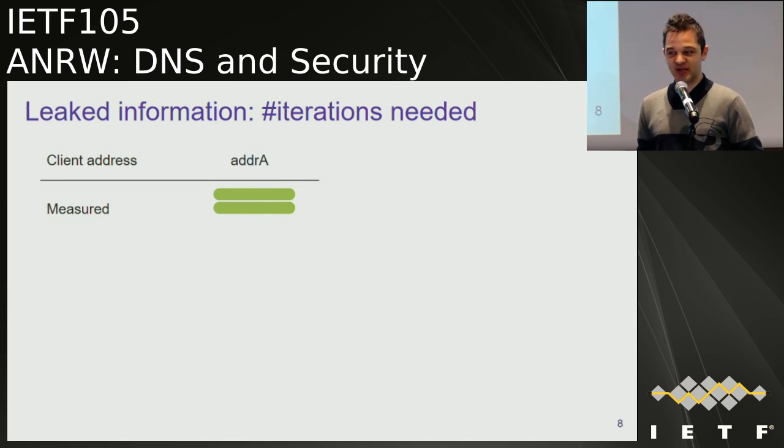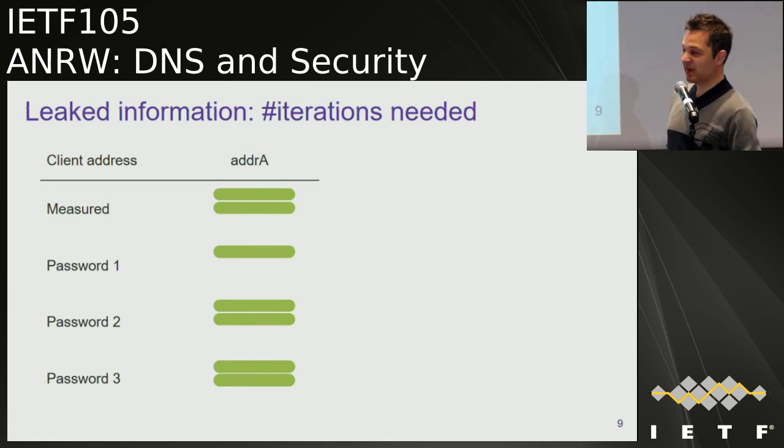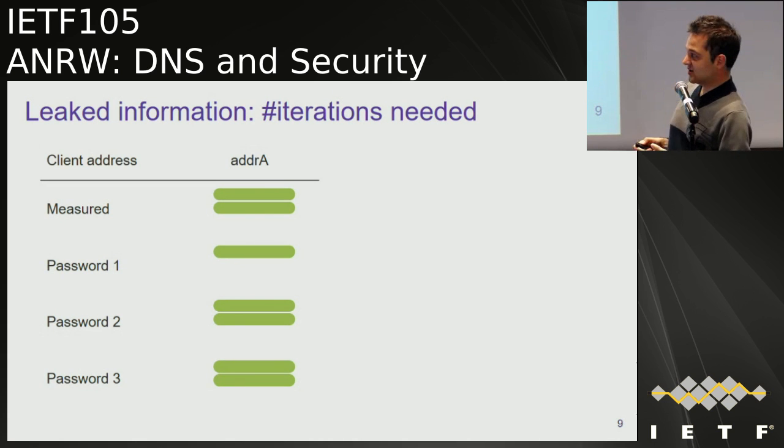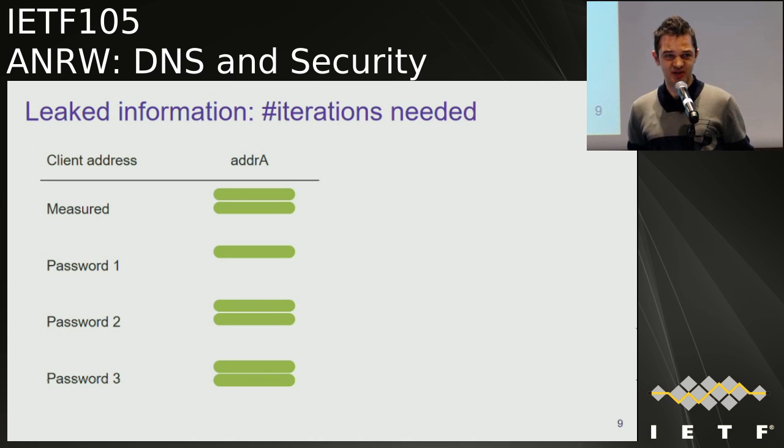What we can then do is guess some passwords. In our example here, we're trying 3 different passwords, and we can simulate this method that converts the password to a group element offline on our own PC. We can notice that, for example, for password 1, it only uses 1 iteration, which doesn't correspond with our measurements, so we can exclude the password based on that.